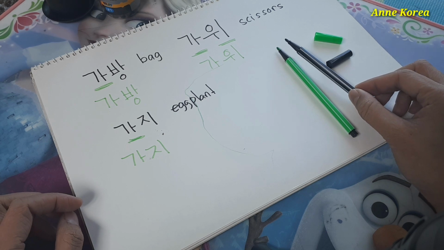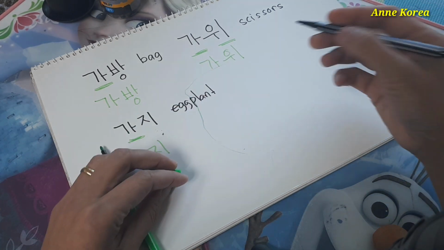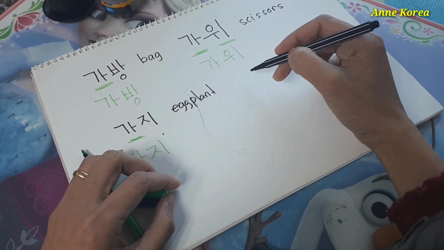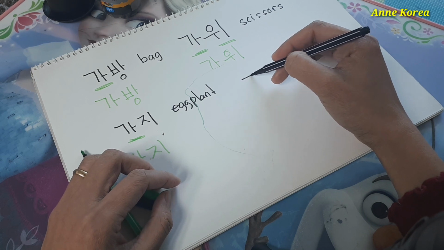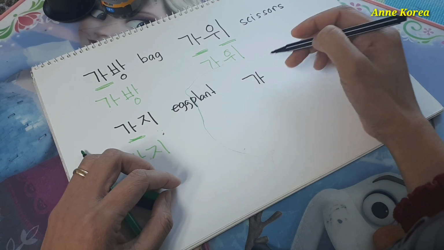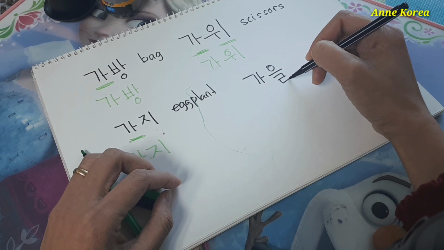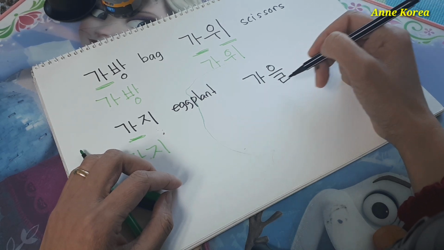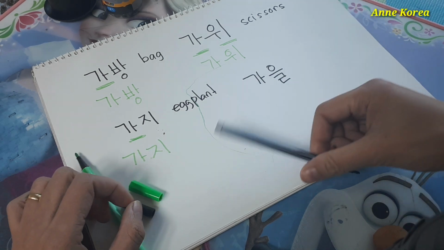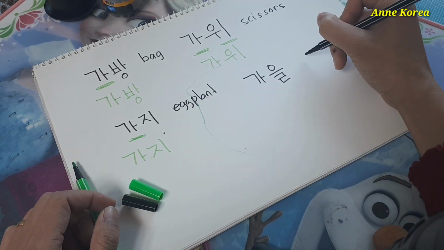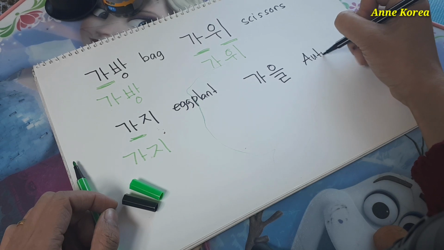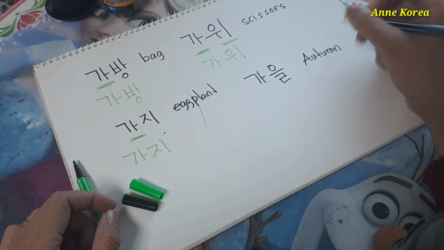And last word that we're going to learn is kaul. Ano nga ba yung kaul, guys? That's actually the autumn. It's my favorite season. Or fall.